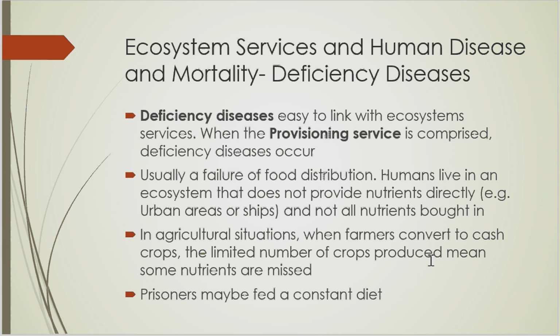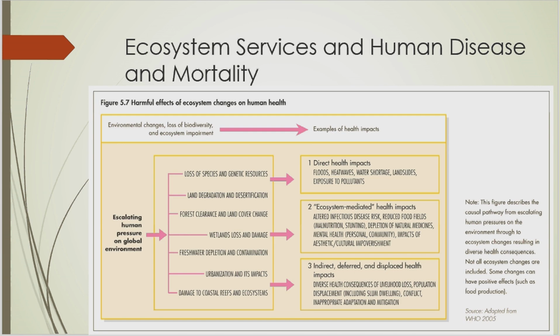That limited number of food crops means that some nutrients may be missed, and we may get deficiency diseases creeping into the population. In a low-income developing country, prisoners may be fed a constant diet, something like white rice continuously, or maybe just beans continuously, and certain nutrients may be missing from their diet, leading to some deficiency diseases. Okay?